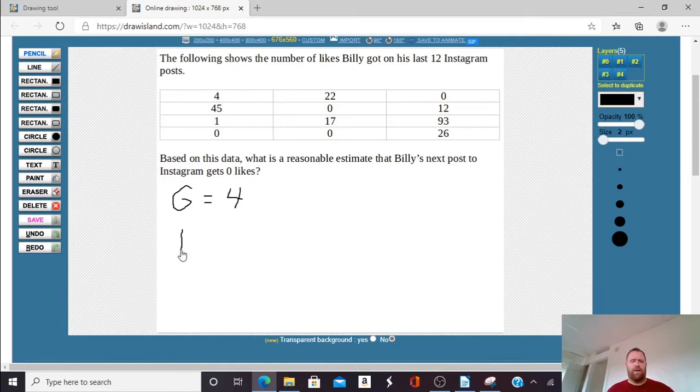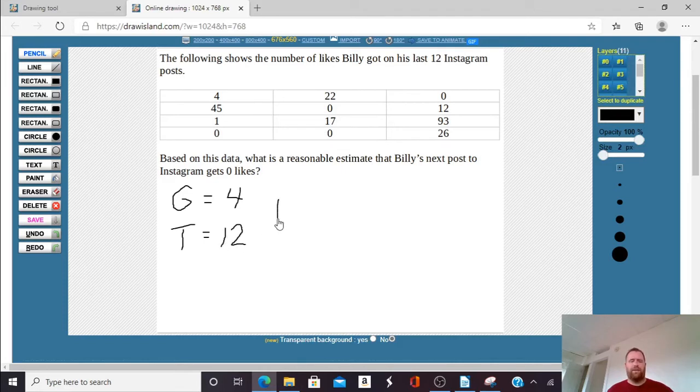The total number of outcomes is going to be 1, 2, 3, 4, 5, 6, 7, 8, 9, 10, 11, 12. The probability that he gets 0 likes on his next post is going to be the number of good outcomes.